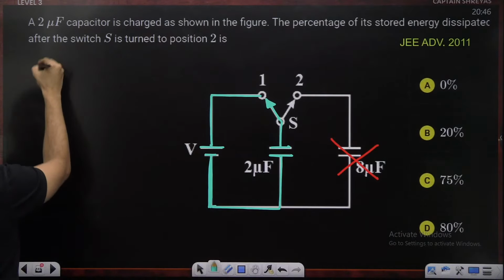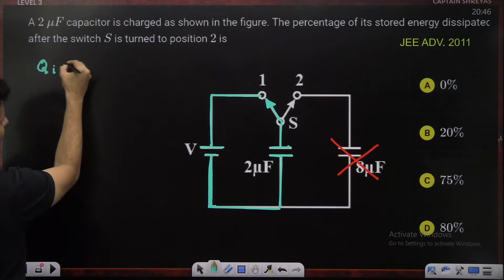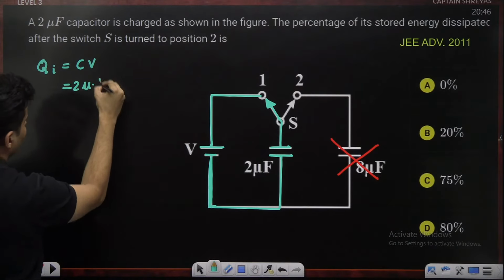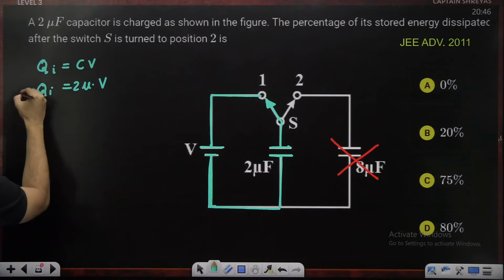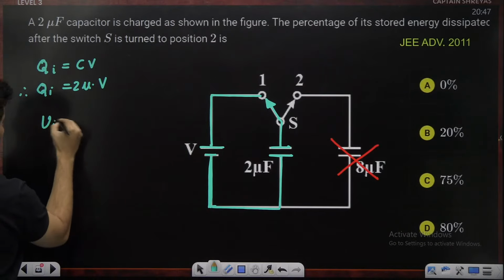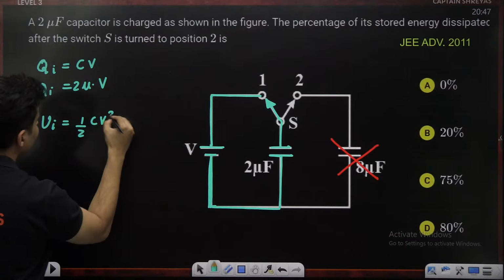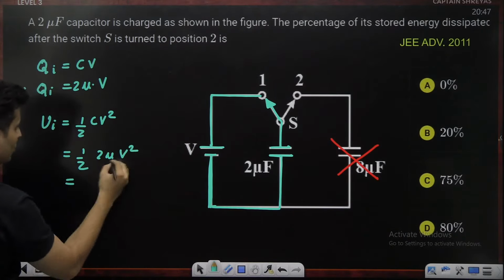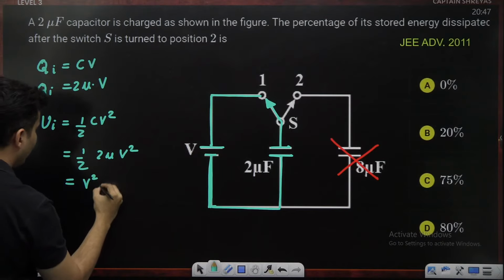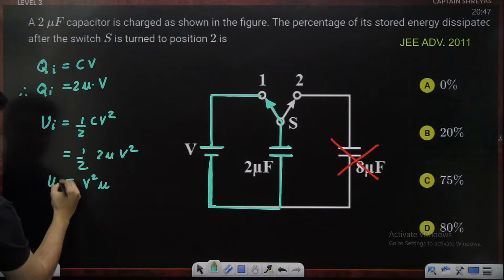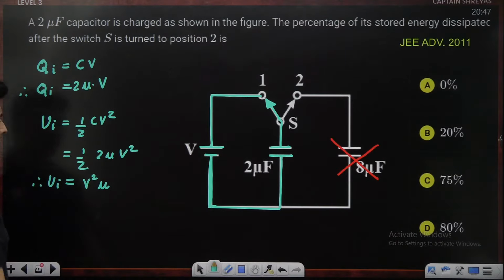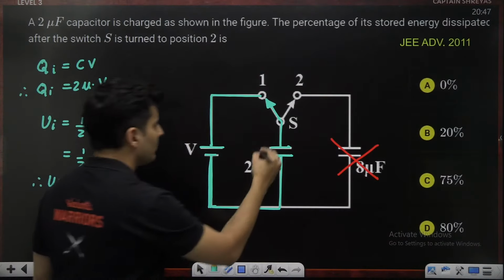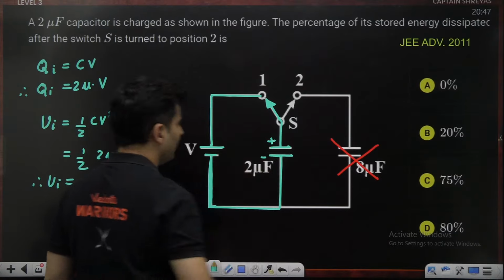The charge which is there initially will be CV, so it will be 2 micro into V. That is one thing. Initial energy will be half CV square. Capacitance is 2 micro, so it will be V square micro joules. This will be positive, this will be negative.